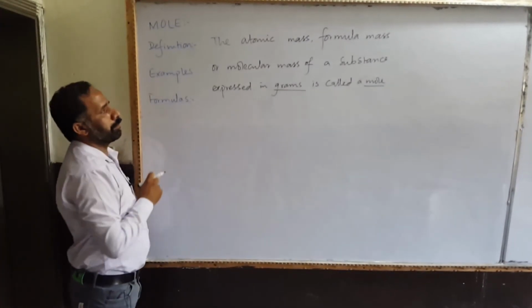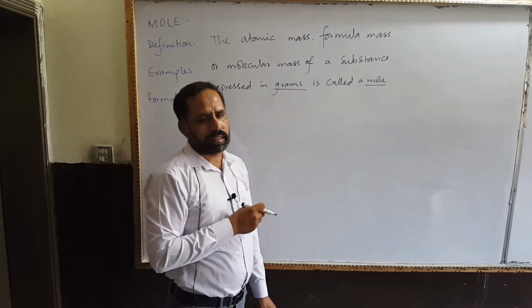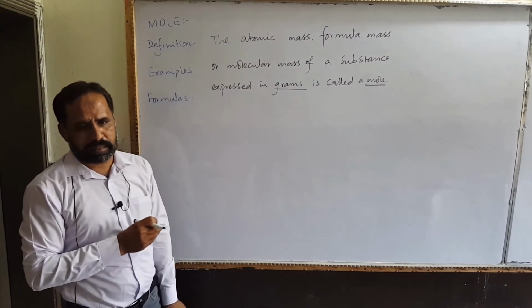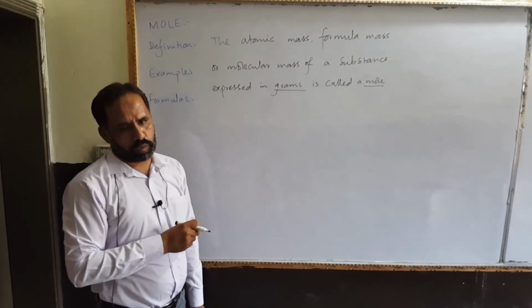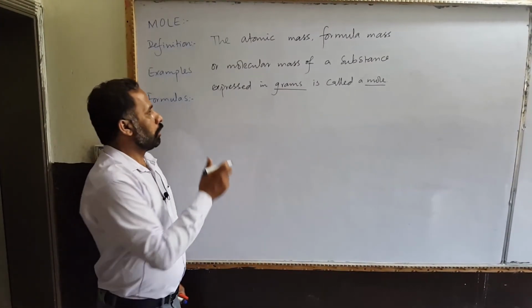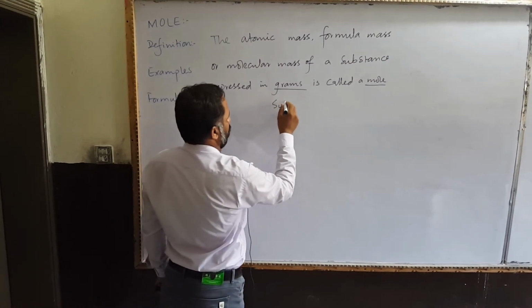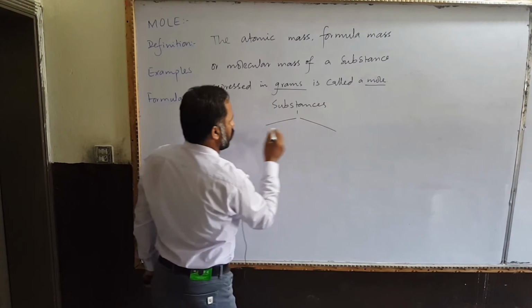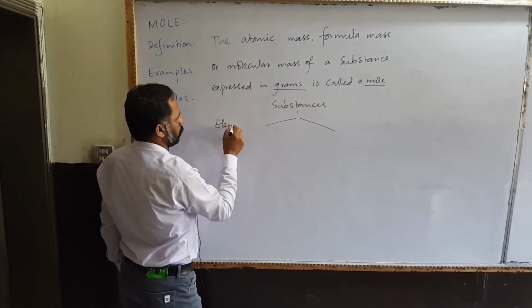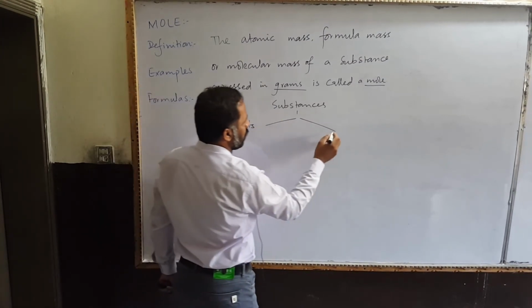Next we have some examples. We have three different kinds of substances. First of all we have the elements, then we have the ionic compounds, and third we have the covalent compounds or molecular compounds. Substances can be divided into two main categories: first elements, second compounds.